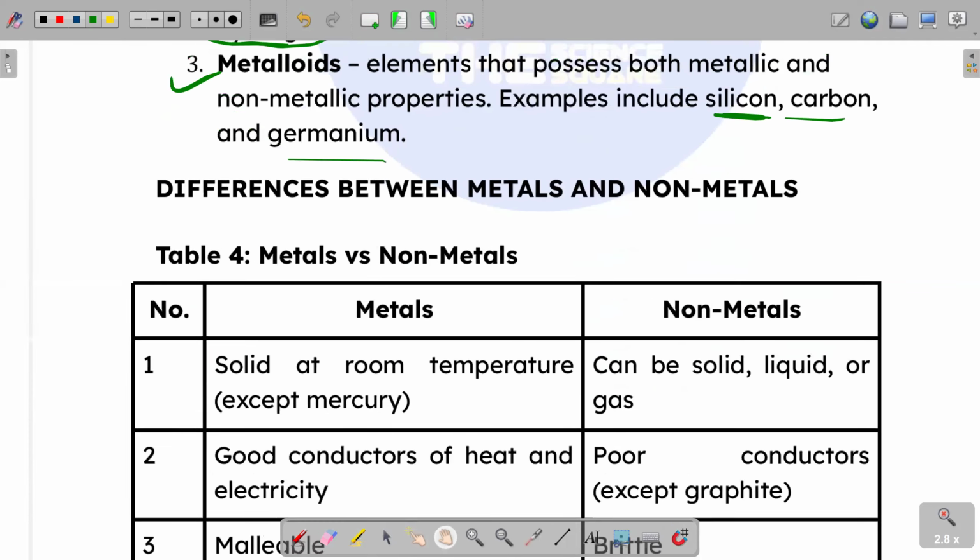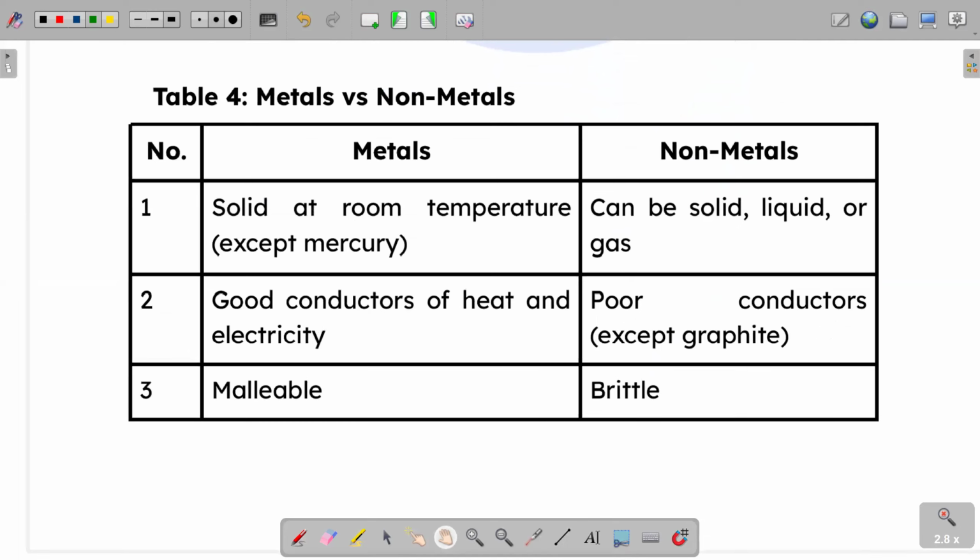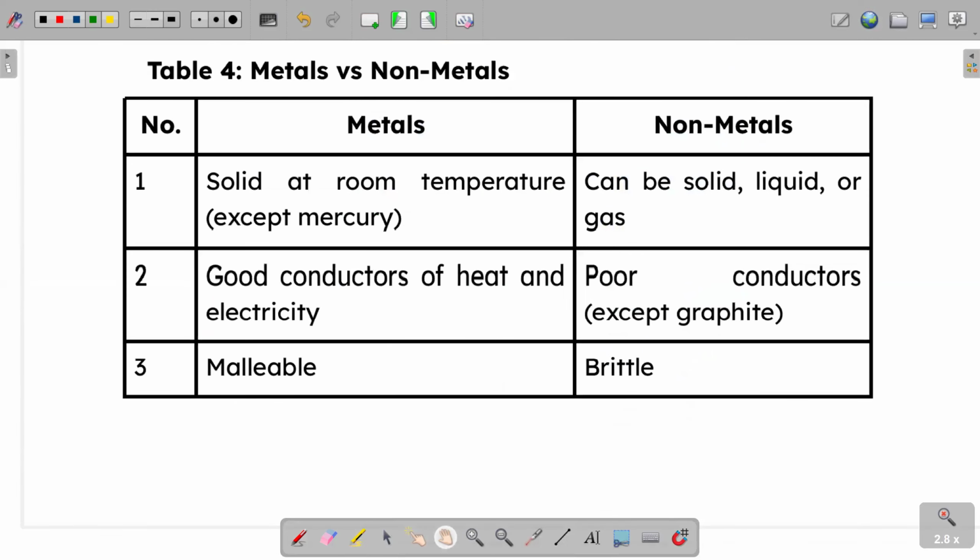Now, let's look at the difference between metals and non-metals. There are several differences. Some of them include: one, state. Metals are generally solid at room temperature, except mercury, which is liquid at room temperature. Non-metals can be solid, liquid, or even gases.